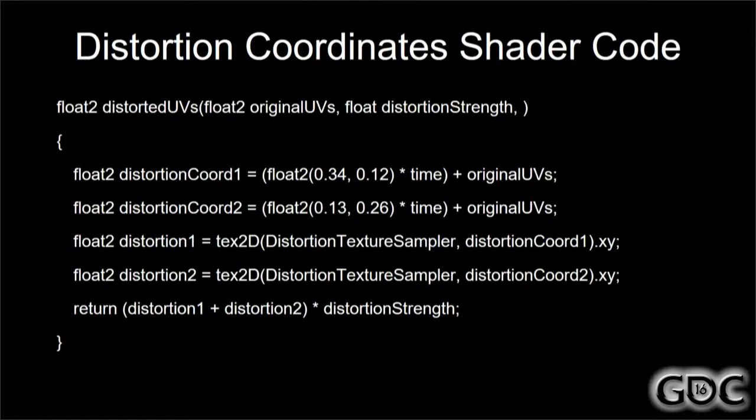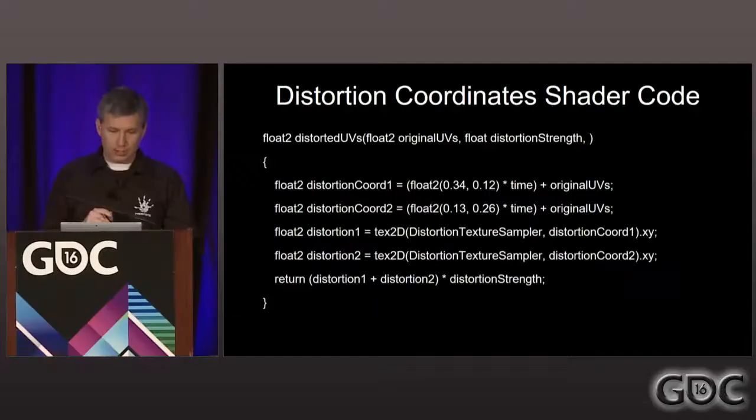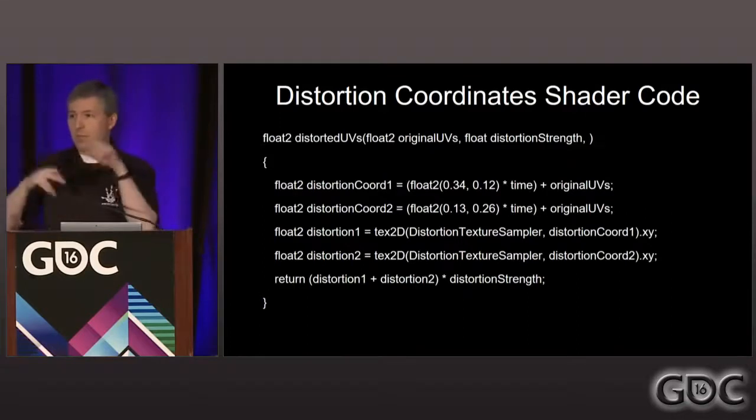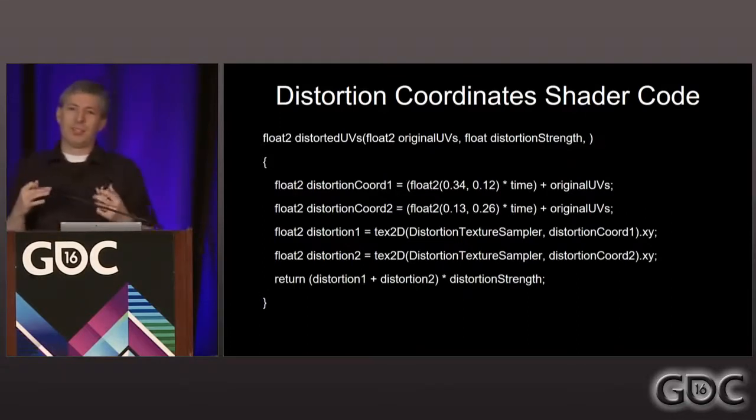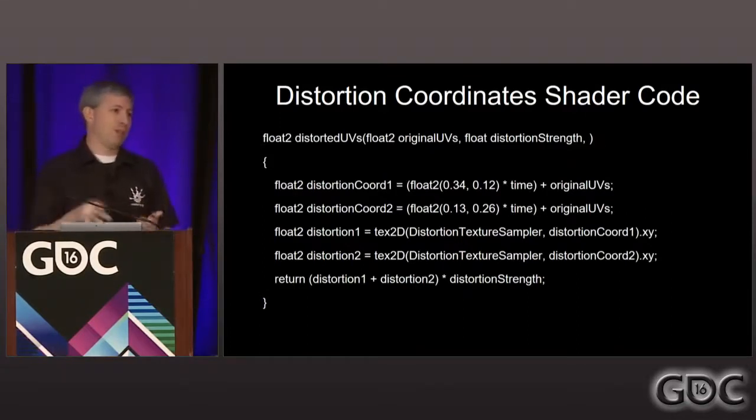I'm not going to stay on this too long, but you can basically see that I'm setting up two different distortion amounts and then adding those to my UV coordinates and then returning the results of the distortion added together. So this is written in HLSL. I haven't actually run this code. I just typed it in as it is. So if you download the talk notes and you run this and there's all kinds of bugs in it, send it to me and I'll fix them. I didn't actually try it.